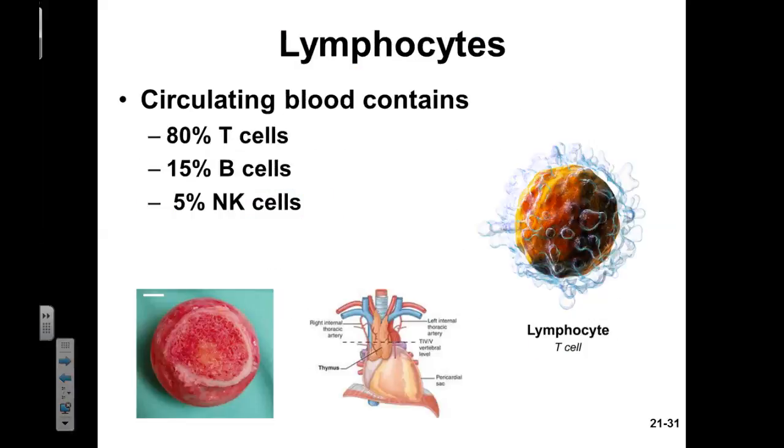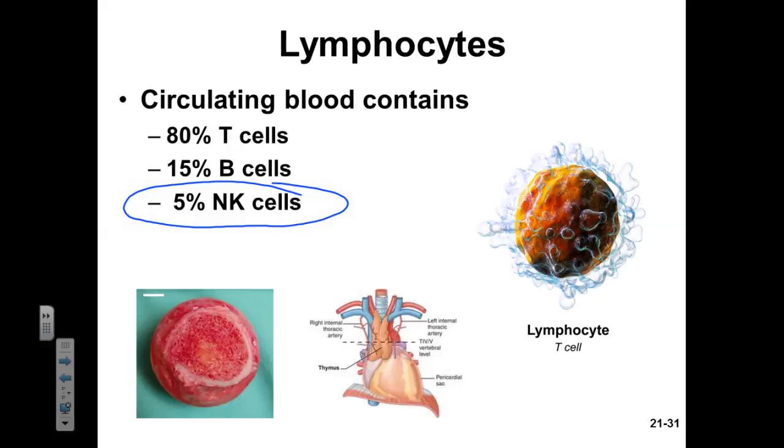And then finally, our last white blood cell type is the lymphocyte. As a refresher, what are the two primary lymphocytes? T cells and B cells. There's one that I haven't mentioned yet that makes up a small minority of our lymphocytes. That is the natural killer cells.